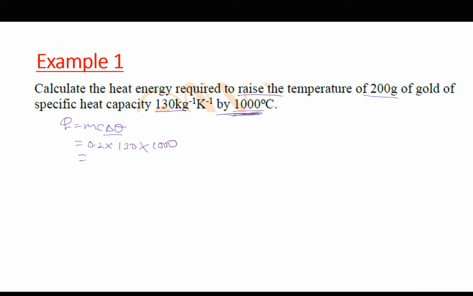The rise in temperature is a change in temperature. If the change is given as 1000 degrees Celsius, you don't need to convert this to Kelvin because a change in temperature on the Kelvin scale is the same as a change on the degrees Celsius scale. Don't begin adding plus 273. I hope I've made that very clear.